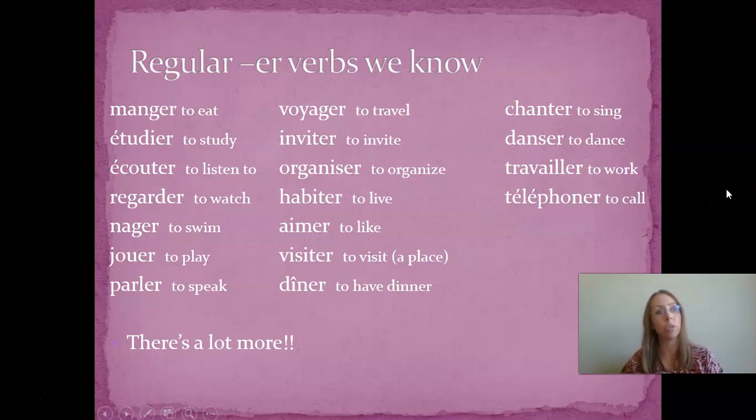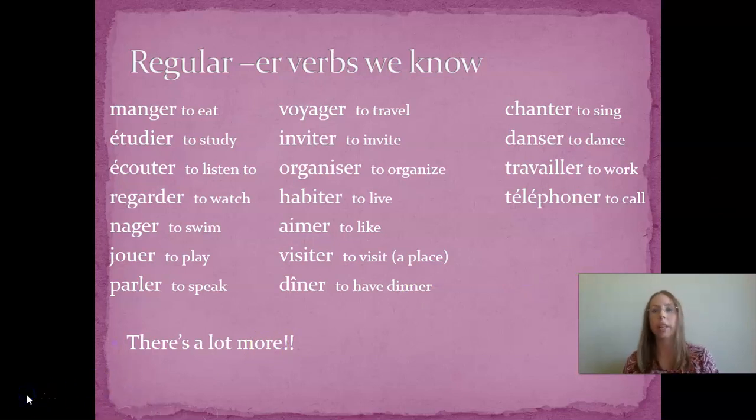So any of these that you don't think you remember the meaning of, you want to study them as vocabulary as well, because of course if you were to go to France or Quebec, you're not just going to walk around and say bonjour. Je parle, tu parles, il parle, right? You might want to talk about travel and say I travel, je voyage, I listen to music, j'écoute la musique. You have to know what they mean so that you can actually use them.